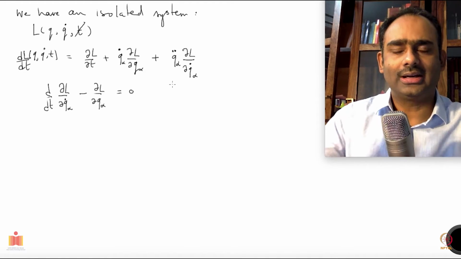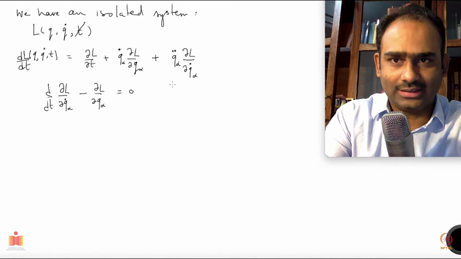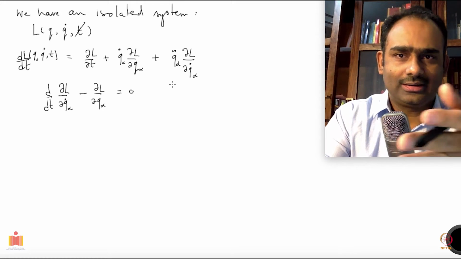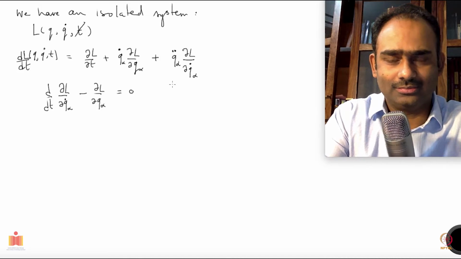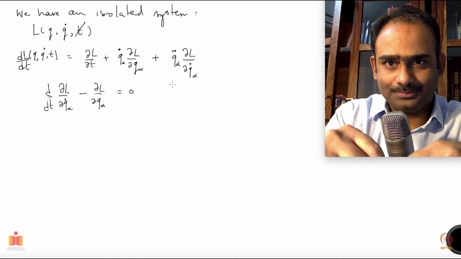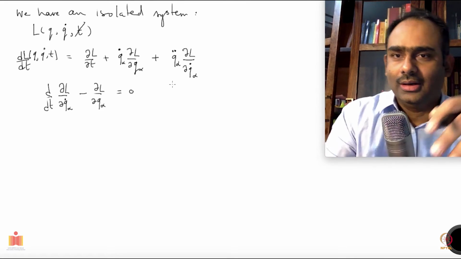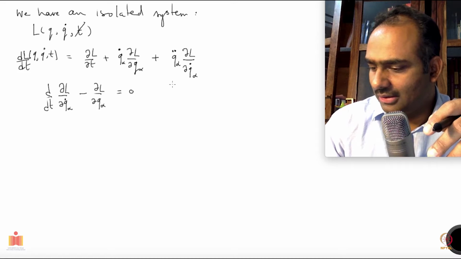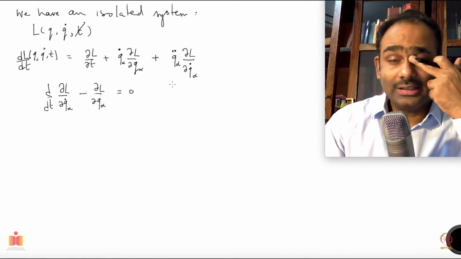I'm assuming right now that all the forces are conservative, so I can write them in the Lagrangian itself, and on the right hand side you don't have any leftover generalized forces. So I'm imagining a system with conservative forces. That's the equation of motion.